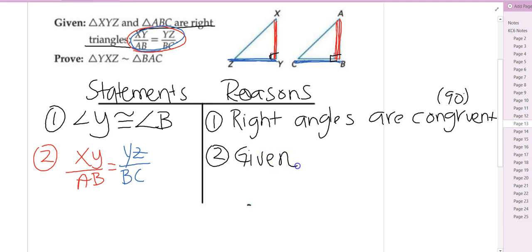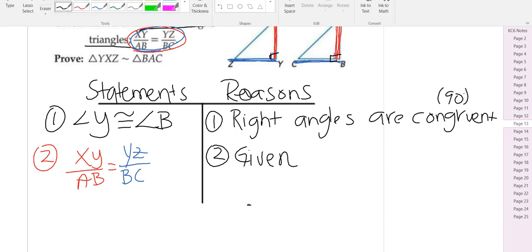So is this enough now to say that triangle YXZ is similar to BAC? Well, yeah. We have the two sides are proportional to each other. That was our statement number 2. And then we have the angle in between them that is congruent, right? Angle Y and angle B are congruent.